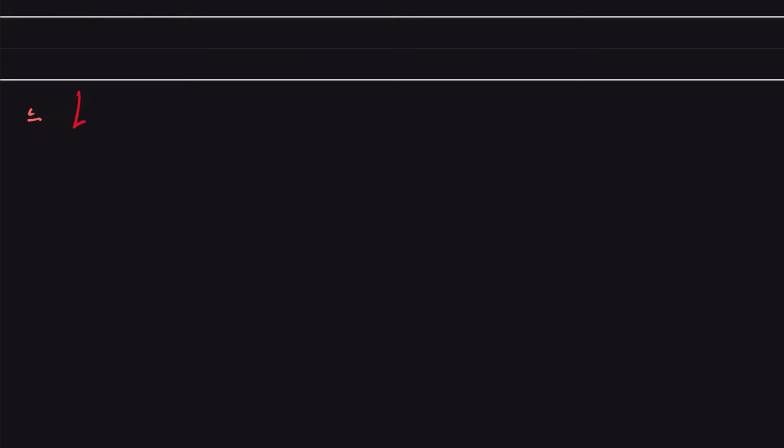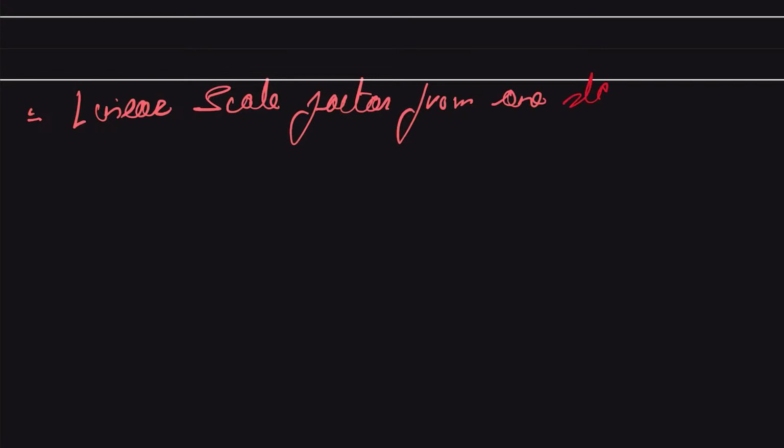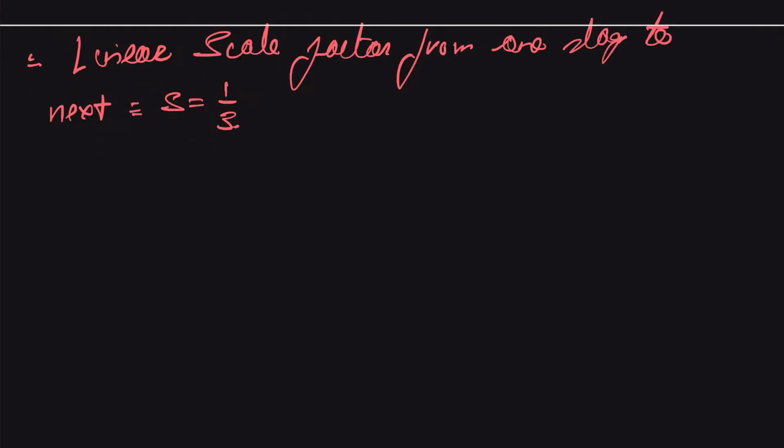Let us suppose the linear scale factor from one stage to next is given as S, which will be equal to 1 by 3. And we know the general formula for our moment of inertia with respect to scaling, if the shape is fixed. Every time we divide, we are always going to divide a square, so the basic shape of the object will always be fixed.